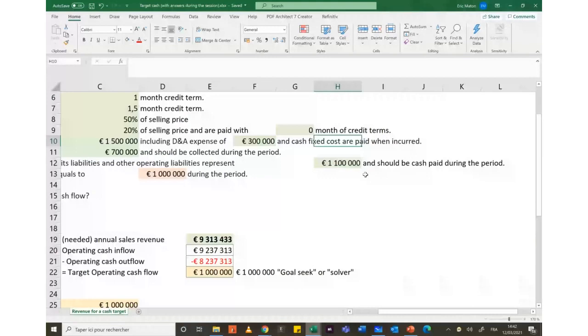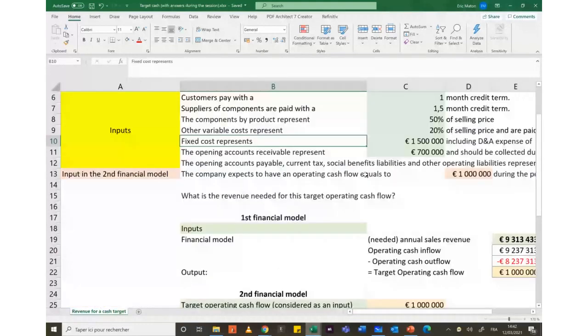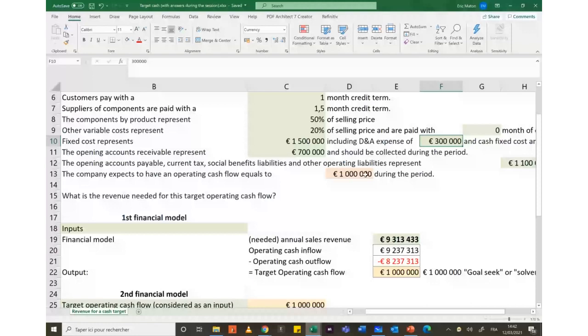And in this case, you can separate also the fixed cost. You can have employee cost, you can have other kinds of purchases and so on, and you can create your financial model with all the elements. And in function of all the elements, you can determine what is the revenue needed for this cash flow. We can introduce also the income tax, we can introduce the investment and so on.